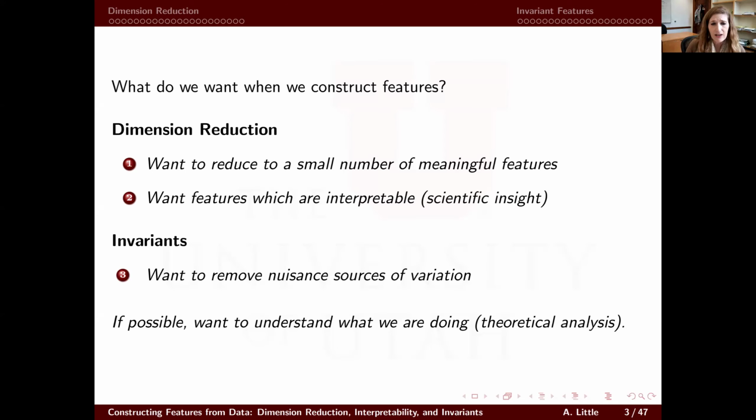And then another thing that we often want to do when we're making features from data is to make them invariant to certain nuisance sources of variation in the data. And then, if possible, we would like to understand what we are doing. So we would like to have some kind of theoretical analysis supporting the algorithms, so we have an idea of when things might go wrong.